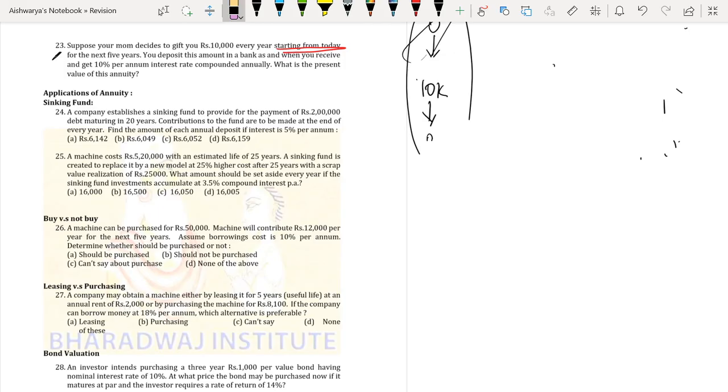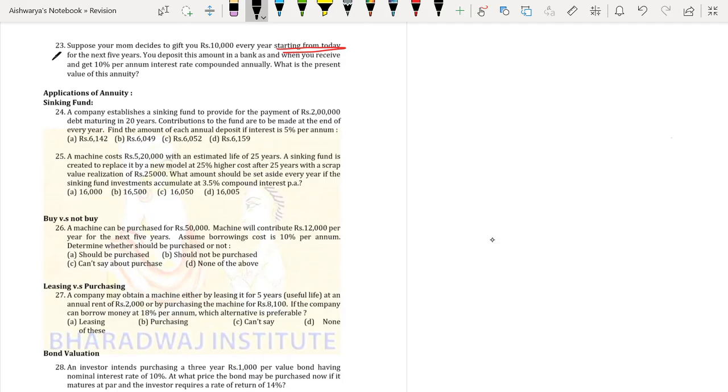So, a company wants to establish a sinking fund. What do you mean by sinking fund? In the future, suppose you are running a company, you want to replace your asset, or you want to repay your debentures, or something like that, for which you want a huge amount of money. Then the company will not be able to get a huge amount of money suddenly at the last minute. So what they will try to do is set aside some value every year, which will accumulate to a big amount in the future.